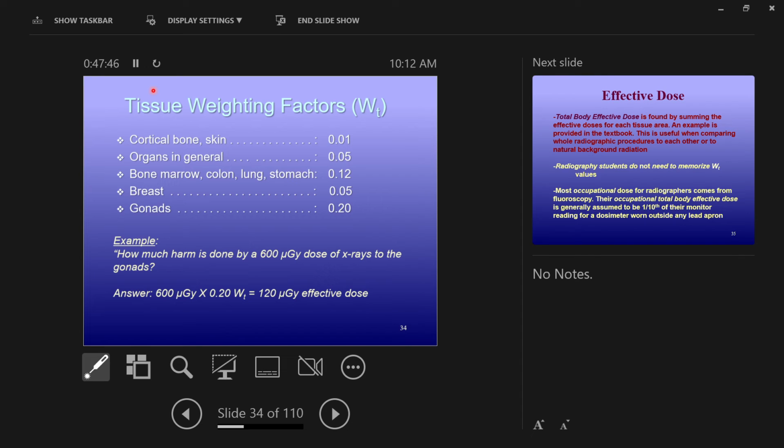Organs in general, tissue weighting factor of 0.05. Notice how we're going up in numbers. Bone marrow, colon, lung, stomach tissue, 0.12. Breast tissue, 0.05. And gonad tissue, 0.2.